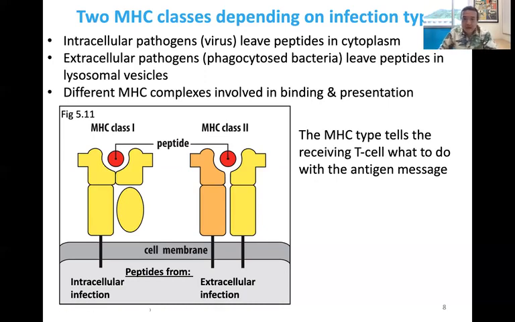So if you see here, this is obviously a very simple cartoon, but you can see the main structural differences between MHC class 1 and MHC class 2. MHC class 1 is made up of one long segment. Not peptide, because the red dot is the small peptide.